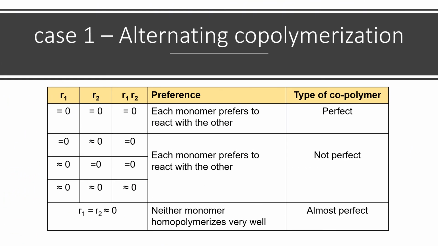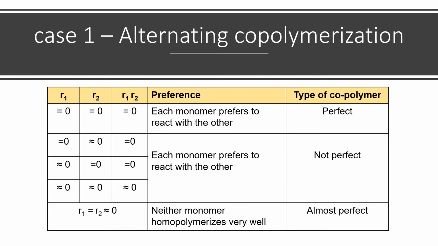Case 1 is alternating copolymerization. As you can see, the reactivity of monomer 1 is 0, and the reactivity of monomer 2 is also 0. Then both of them get 0, so each monomer prefers to react with the other. So it will produce a perfect alternating copolymerization.